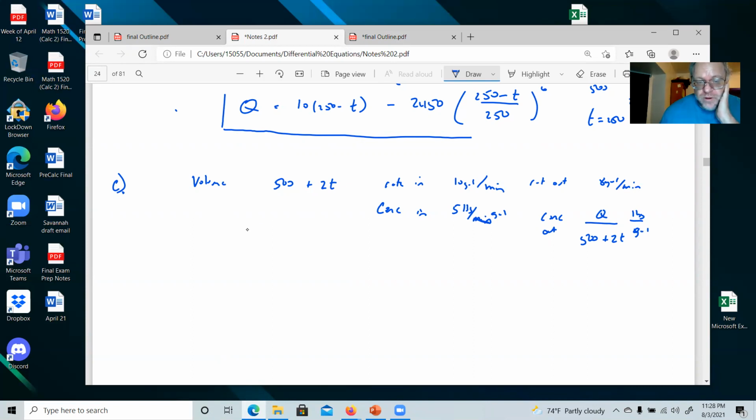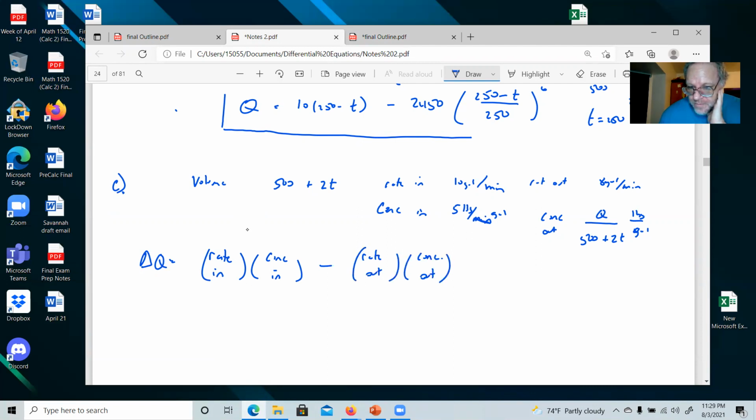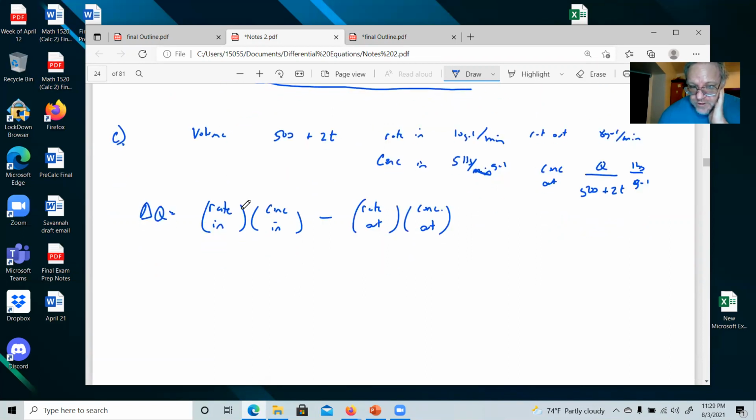So we go through, we have our dQ, which is rate in times concentration in, minus our rate out times concentration out. Then we start filling some of this in.